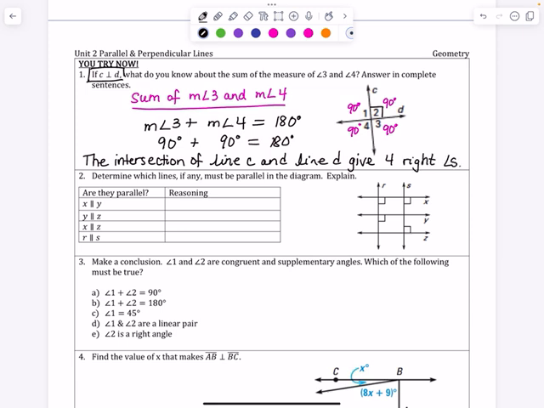Really what I'm looking at, it says, what do you know about the sum of the measure? So I really am only looking for this line right here. Okay, but I wanted to bring in the theorem as well.